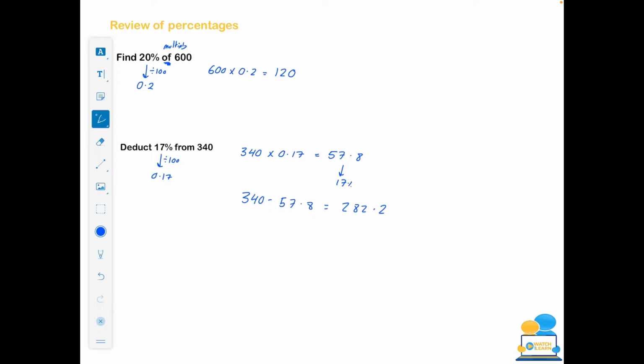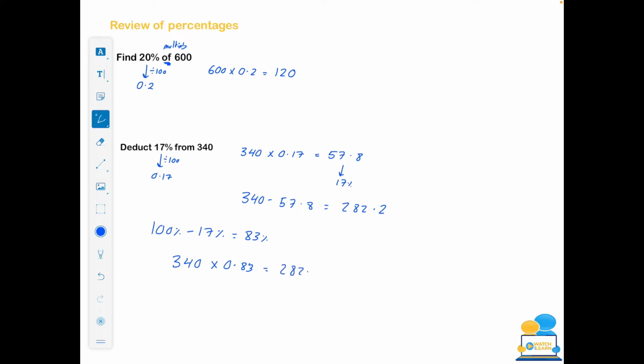There is another way you could do that as well. Instead of finding the 17%, you could find 100% minus 17%, which is equal to 83%. So you could just find 83% of 340, and we should get the same answer.